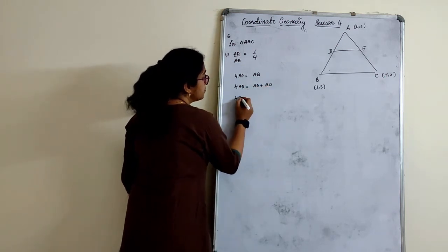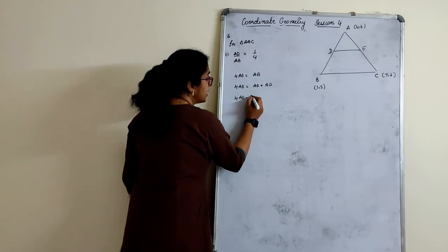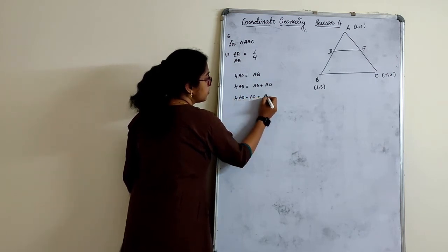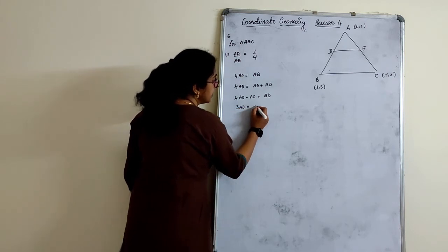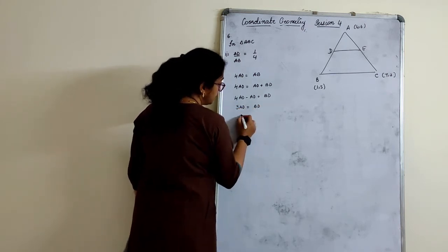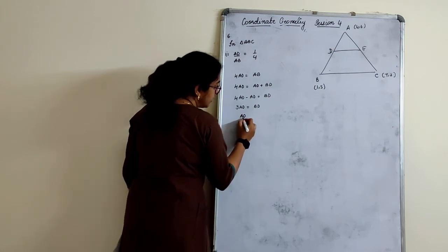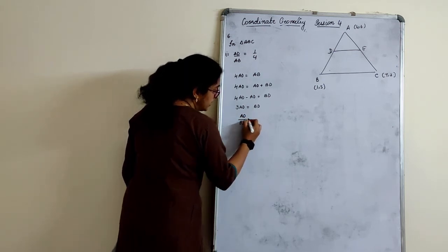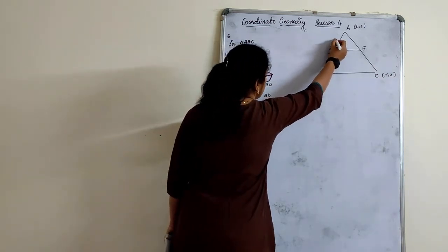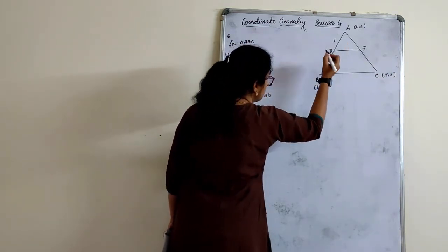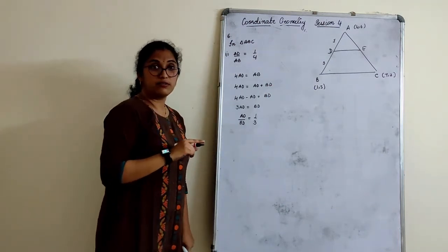So 4 times AD minus AD is equal to BD. 3 times AD is equal to BD. So AD upon BD is equal to 1/3. So this is in the ratio 1:3. Understood how it is dividing?